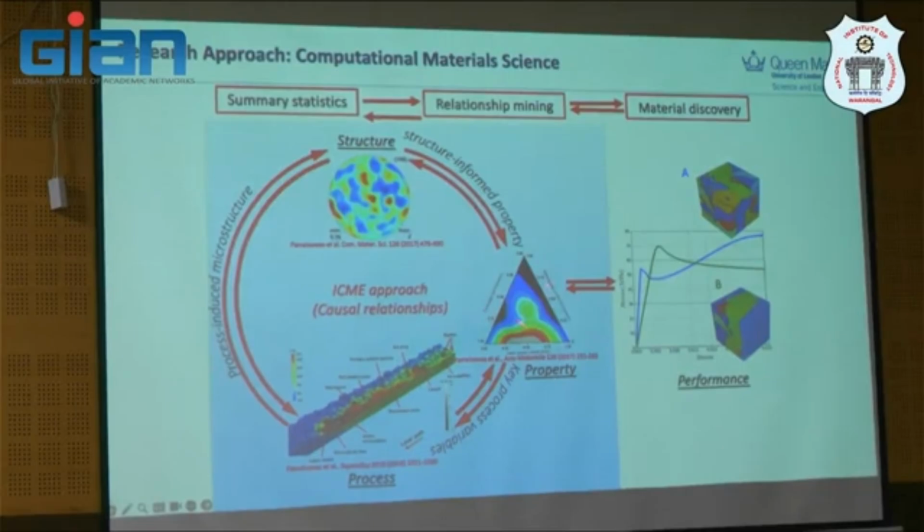And then when we know the property, we can feed back into the process to find the condition that gives rise to this property. This is pushed from the science, as I said, and we call this ICME, or the Integrated Computational Materials Engineering approach. Different microstructure will definitely give different properties, as you may expect.